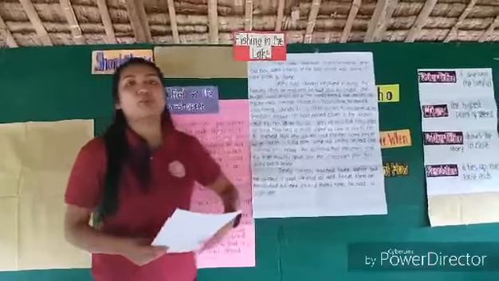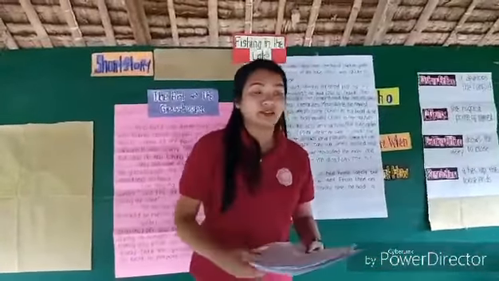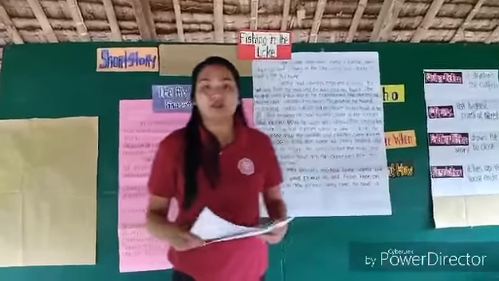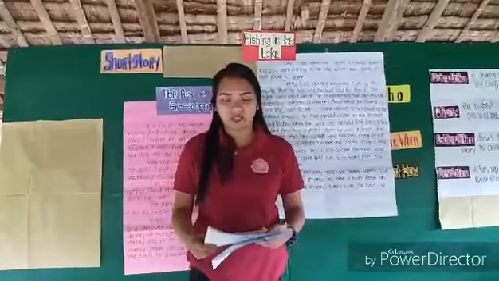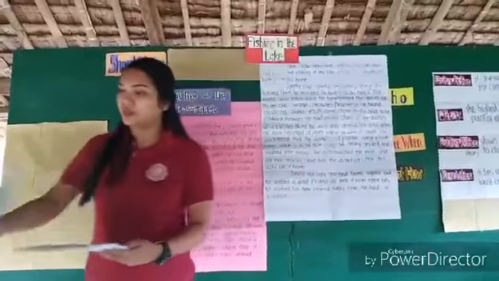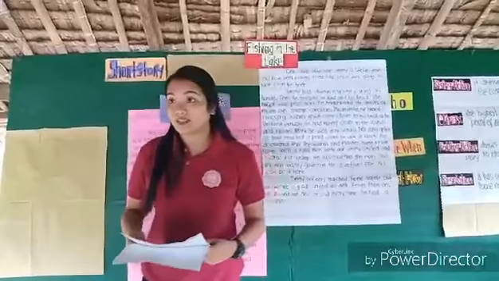Now, I will group you into 3, and each group will be given a story entitled Fishing in the Lake. Group 1 will identify and describe the characters in the story. Group 2 will identify and describe the setting in the story. And group 3 will identify and describe the plot in the story.